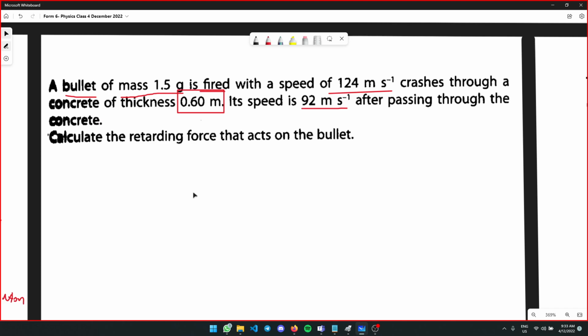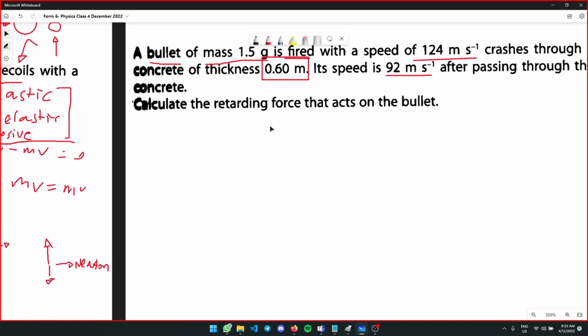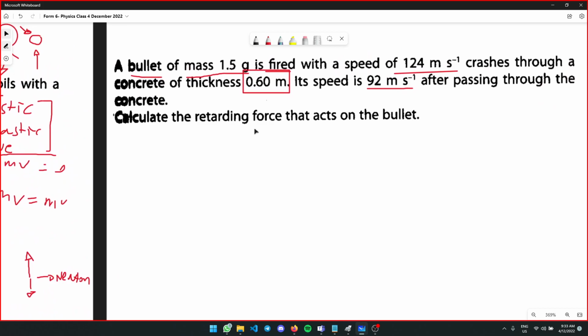So this is one of those questions where you have to remember what impulse is. I think you remember impulse from impulsive force. When something is going fast and then it stops very suddenly, it has a very high impulsive force. Maybe the force is constant, acceleration and everything constant.